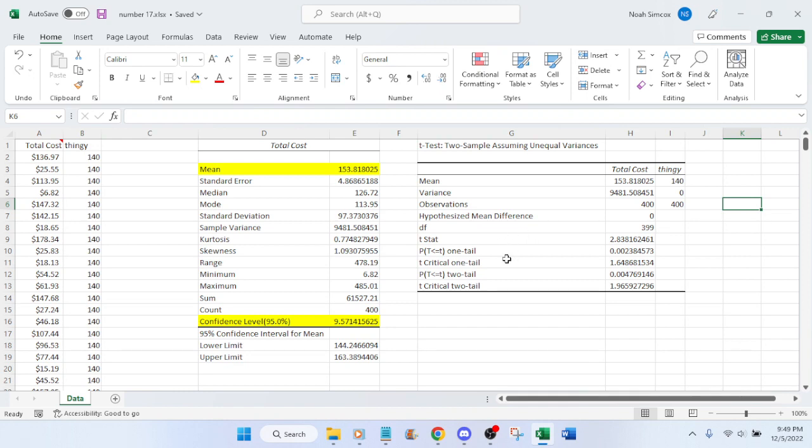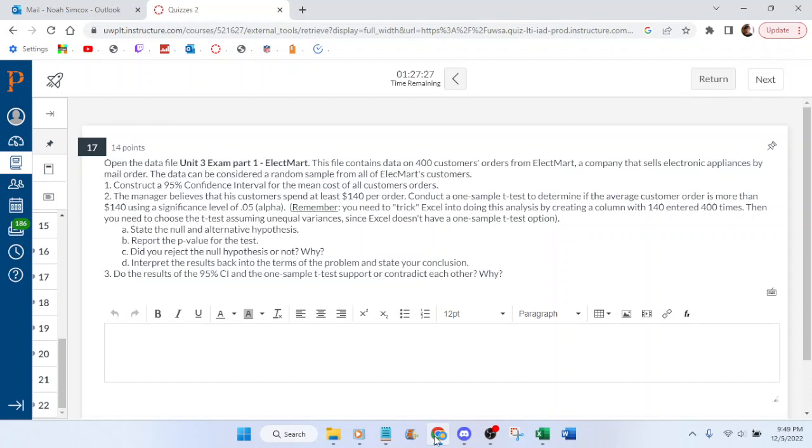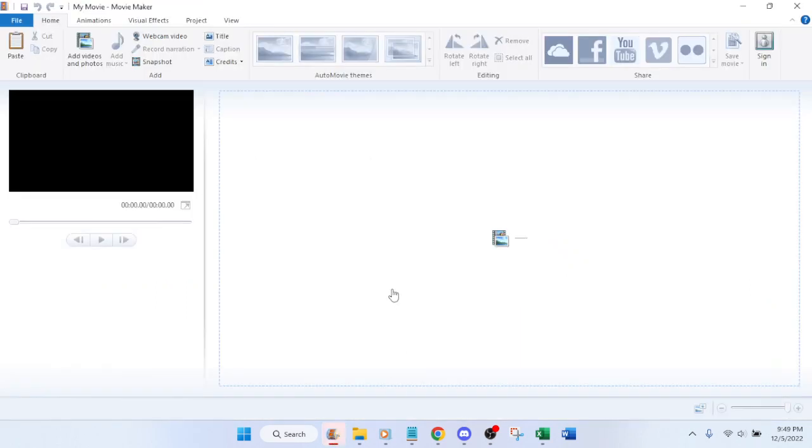Okay, so it's a one tail. Oh, I hate when I always click that accidentally. Maybe I should just put this over here because I keep clicking on it by accident.